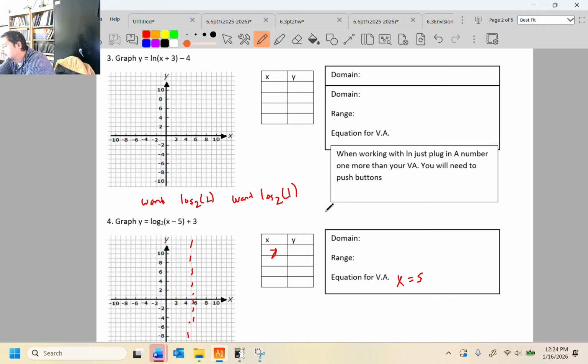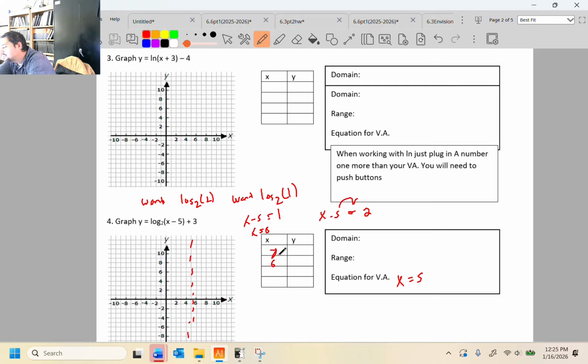So what I'm thinking is I want x minus 5 to be a 2. I just add 5 and I get that x is 7. Now I also want x minus 5 to be a 1, so I add 5 and I get 6. Those aren't exactly in the order they need to be, because usually a table goes small to big, but whatever.